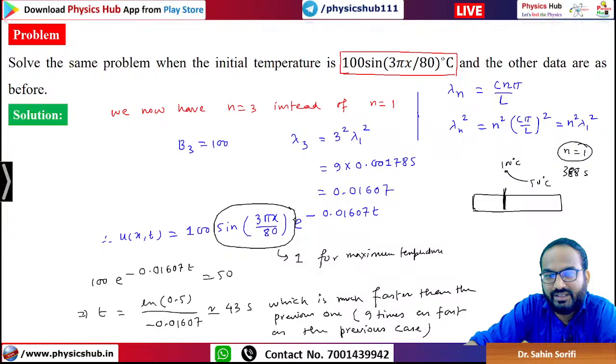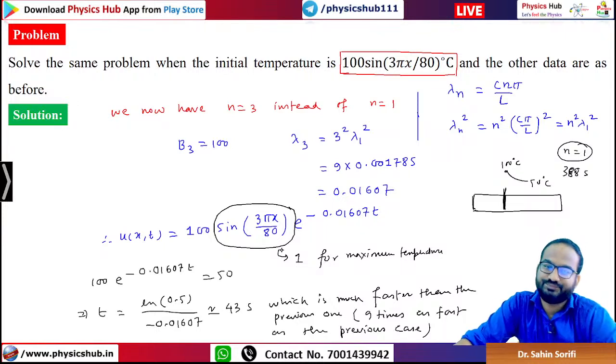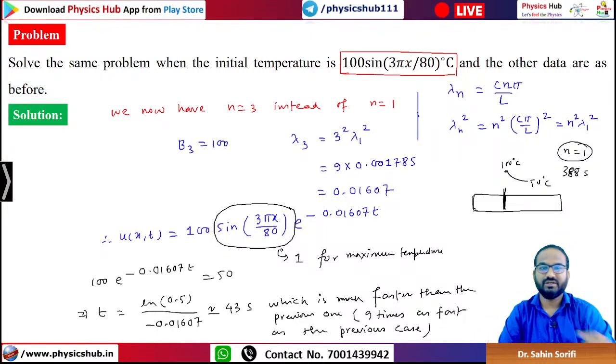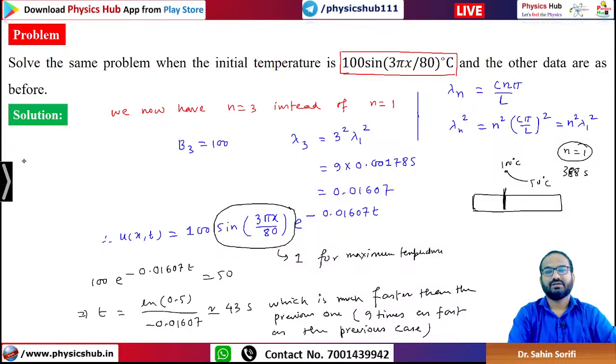You will get 2 pi x by 80. So for even values of n, the even modes will not give you maximum temperature. Only the odd values of n will give you the maximum temperature. If you take n equals 2, n equals 4, n equals 6, then sine will be 0. Those are not contributing.